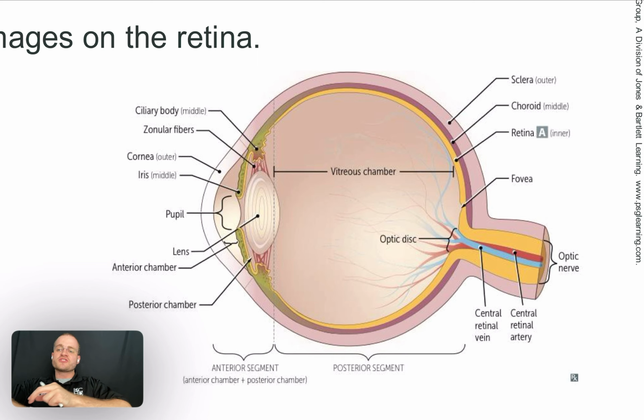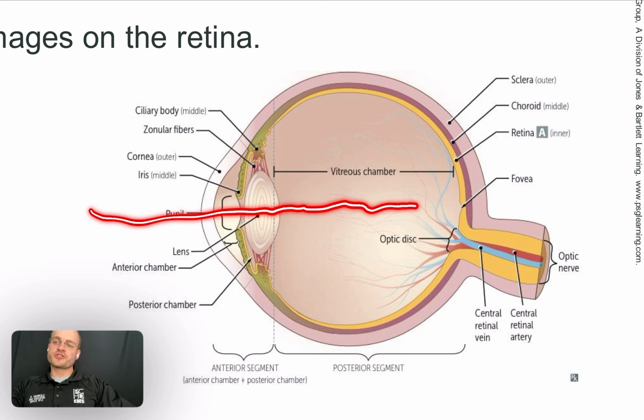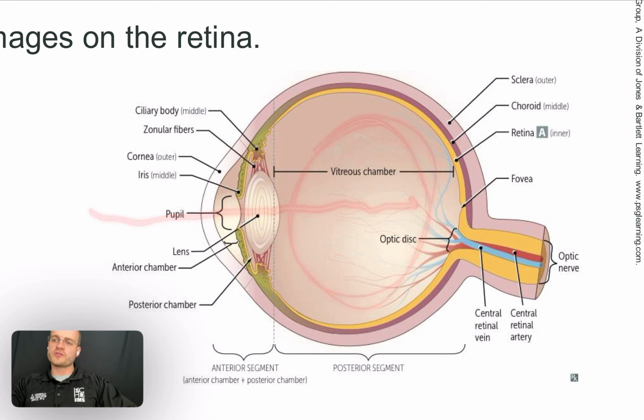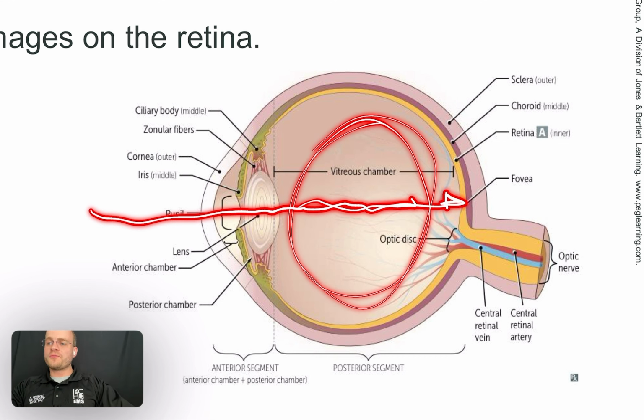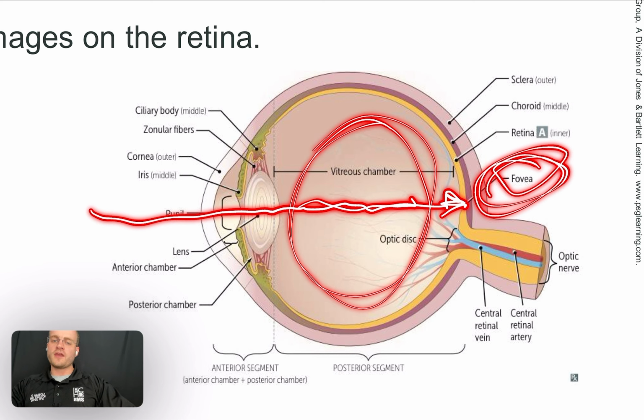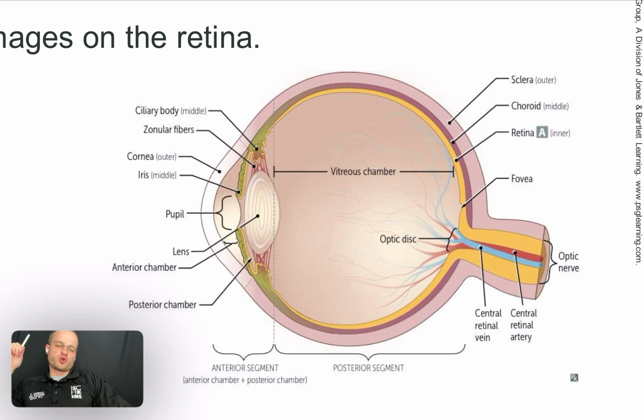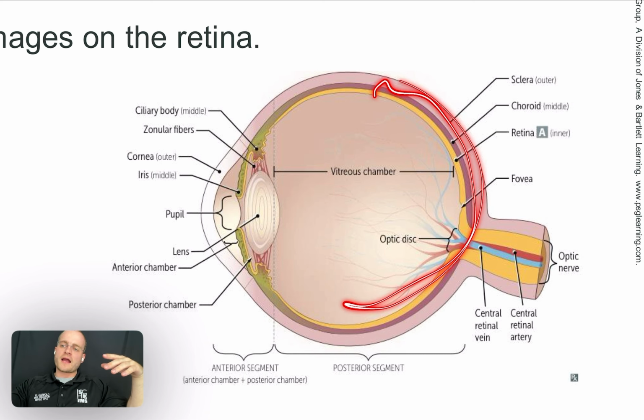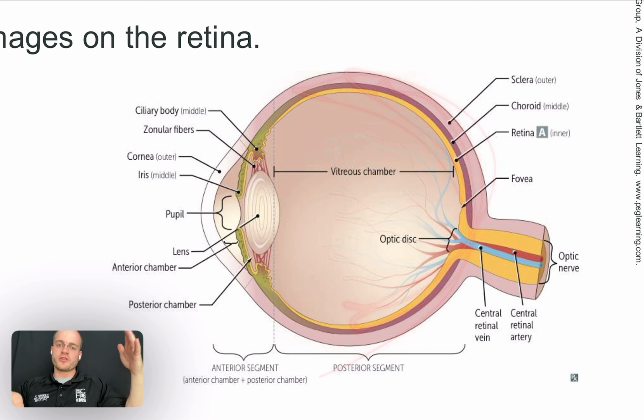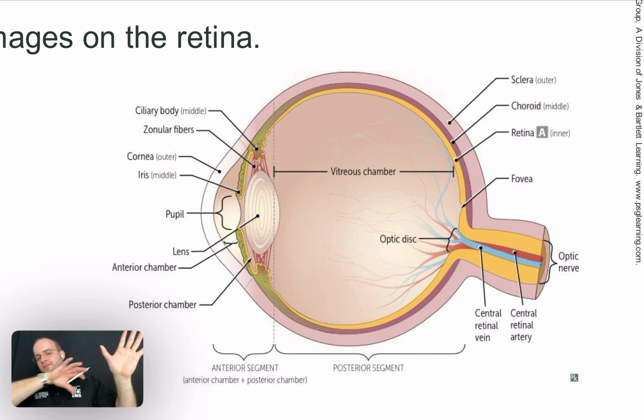So light comes in, passes through the lens, goes through the vitreous chamber, and this fluid in here is called aqueous humor, and hopefully it hits back here on the fovea. This is where the majority of vision takes place, but this whole back piece also plays into vision. It's called the retina. The retina and the fovea take light and process it in a very complex way, and they shoot it to the brain, and that's how we see.